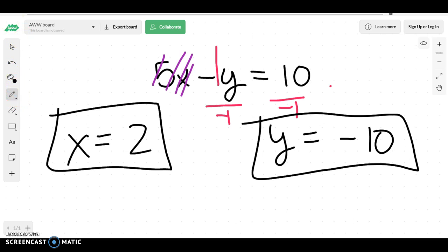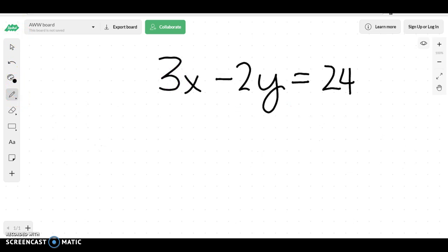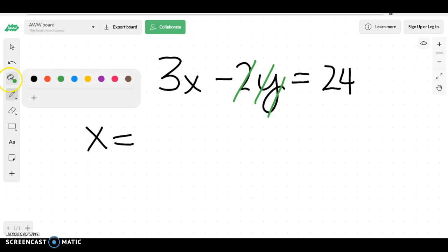Let's try another one. When we look at this one, we would want to find the x and y-intercept. It's actually going to work a lot like the last one, where we would get x equals, and again, we'd cover up the y. I'm not going to cross it out as much as I normally do, so we can still see it.